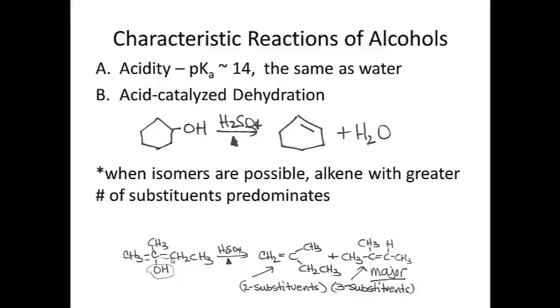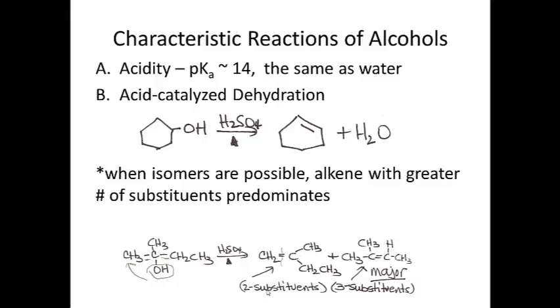Now, which of those is going to predominate? Our rules tell us that when we have several possibilities, the alkene with the greatest number of substituents will predominate. If we dehydrate in this position to give us this first product, we have no alkyl substituents on this side of the double bond, and we have two over here.